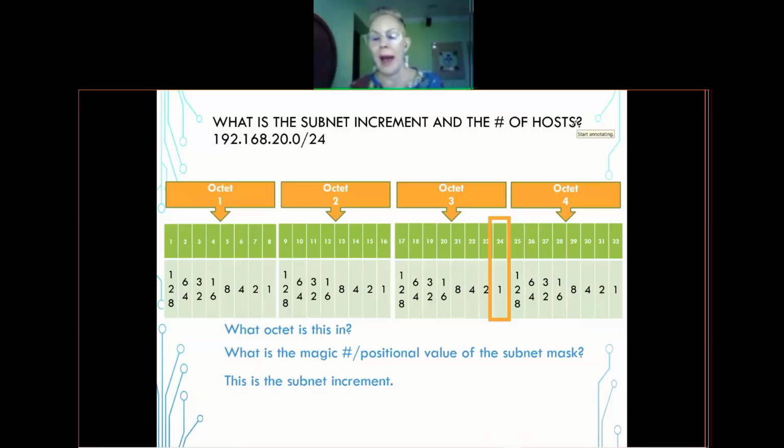Okay, so I add 1, and where do I add 1 to? We've got that the subnet increment is 1, but where do I add it? So I've got one right answer. Yep, Pedro, yes.